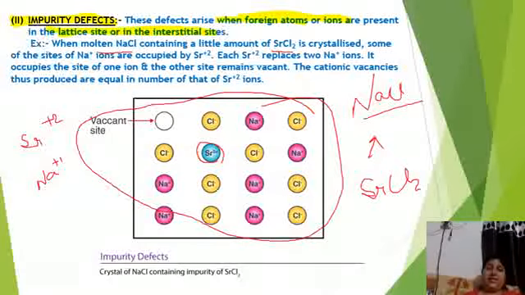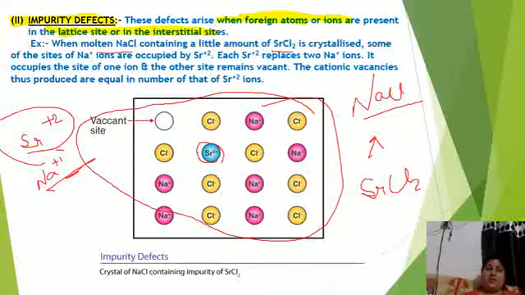So for maintaining electrical neutrality, when one strontium ion is inserted over here, 2 sodium ions leave their place. One from here, one from here. So one strontium took the place of one sodium, but one more sodium will create a vacant site. This is known as impurity defect.